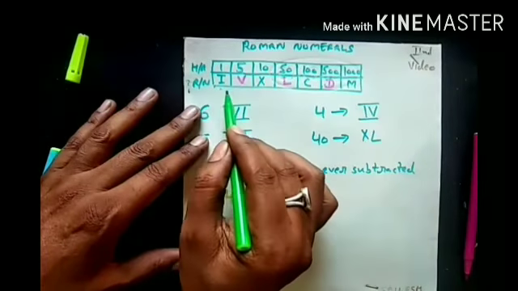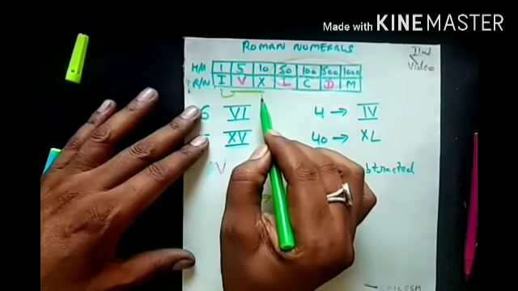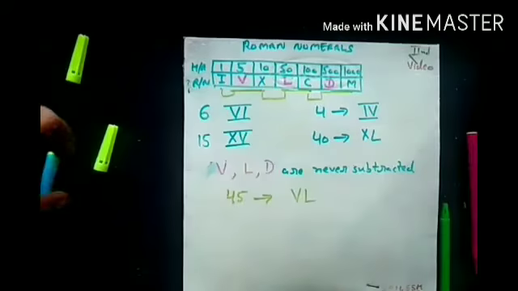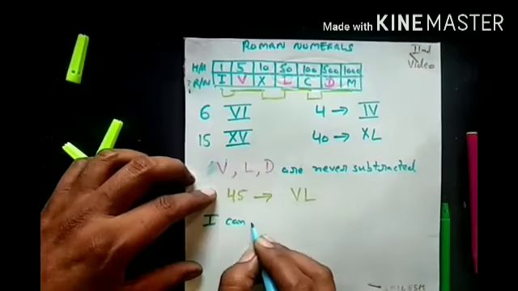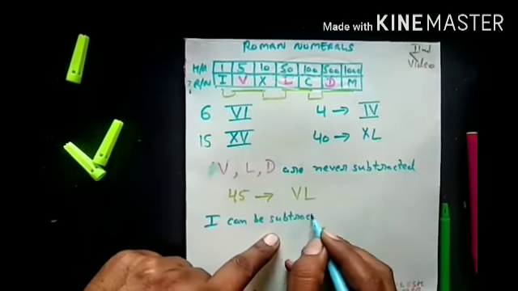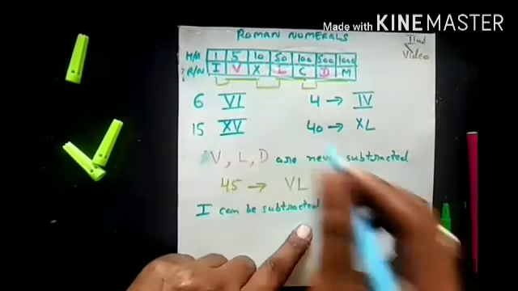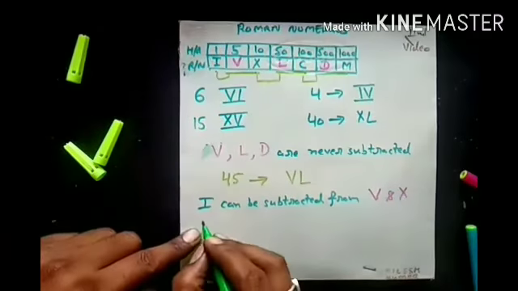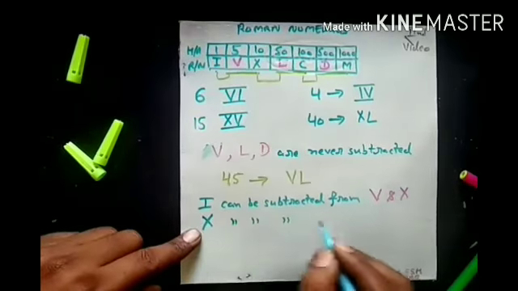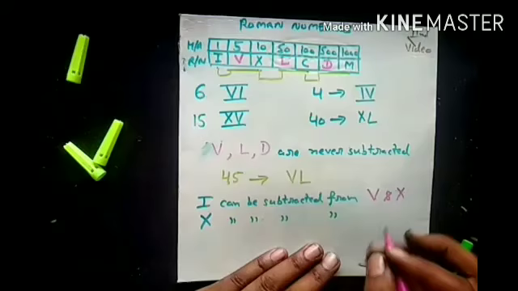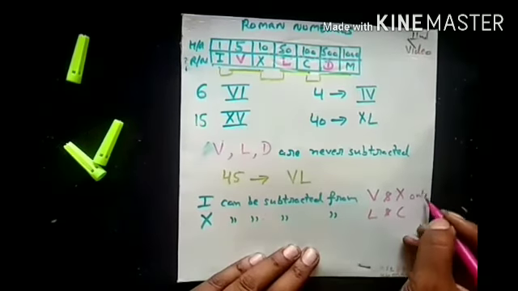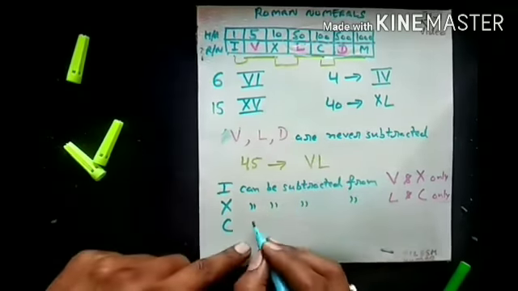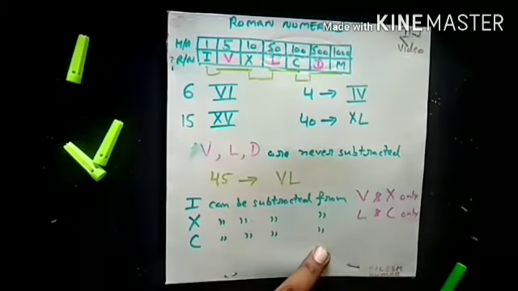I can be subtracted from V and X only, X can be subtracted from L and C only, and C can be subtracted from D and M only.